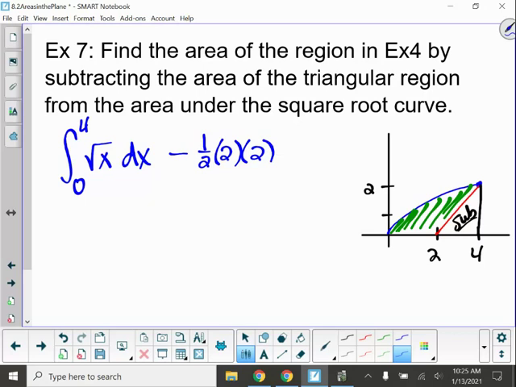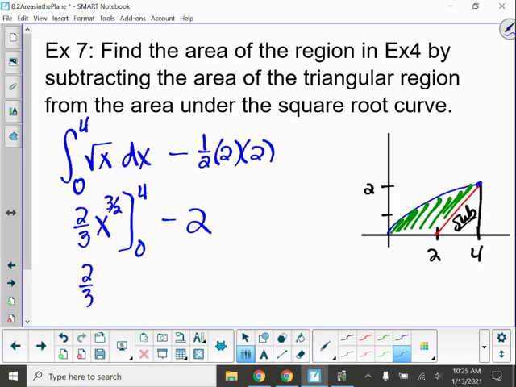So I'm basically going to find the area under the curve of the square root, and I'm going to subtract 2 from it. So this is 2/3 x to the 3/2 power, evaluated from 0 to 4, and then I'm going to subtract 2.